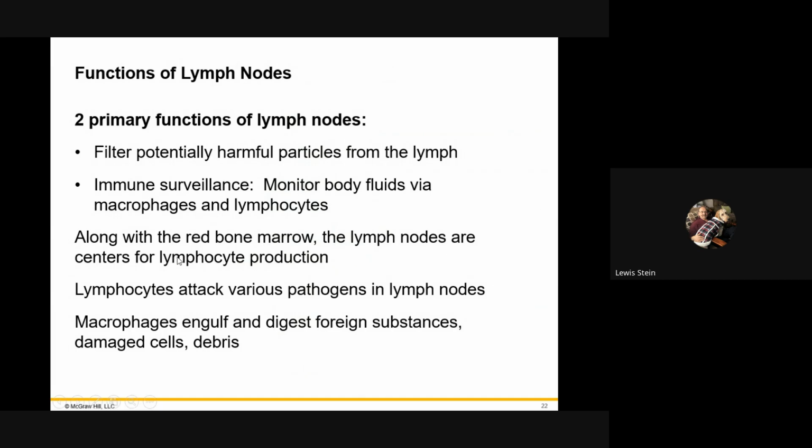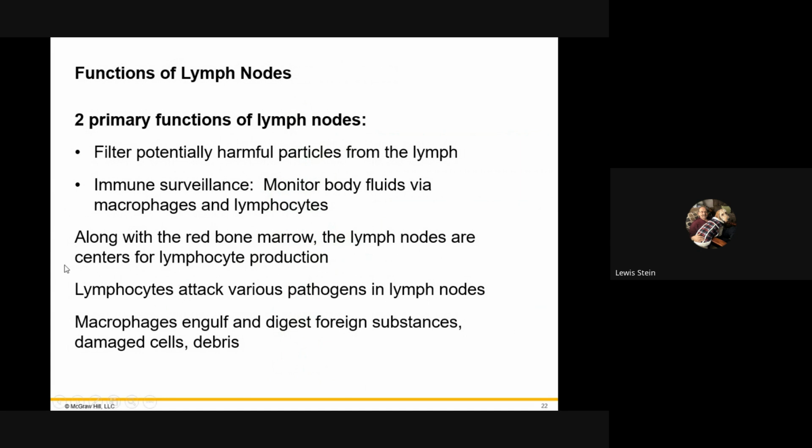So the lymph nodes, along with the red bone marrow, are said to be centers for lymphocyte production. That's a mistake. They are born in the bone marrow. Some of them mature in the bone marrow, and again, we use the term competent, or they become competent in the thymus, which we're not going to get to today. That's different, okay?